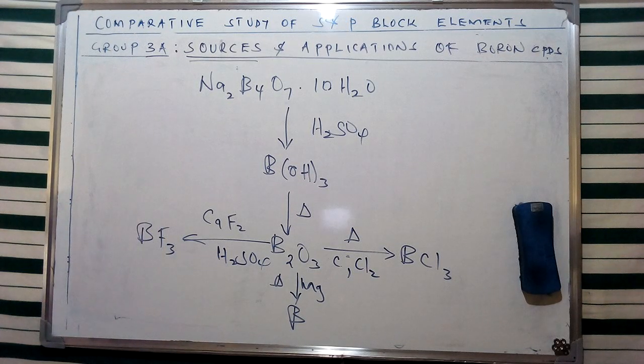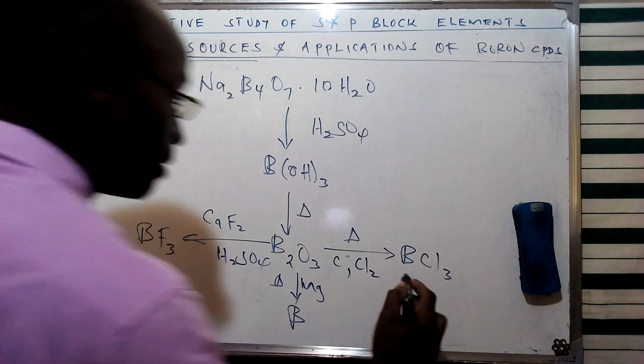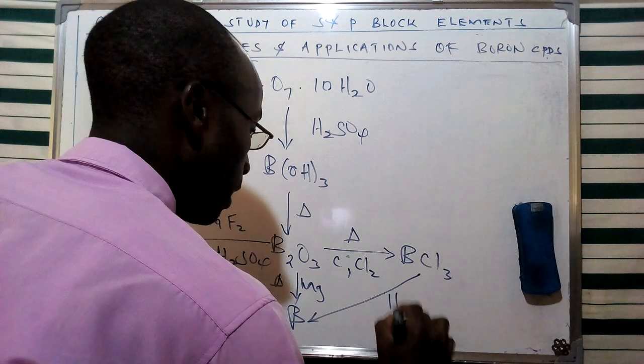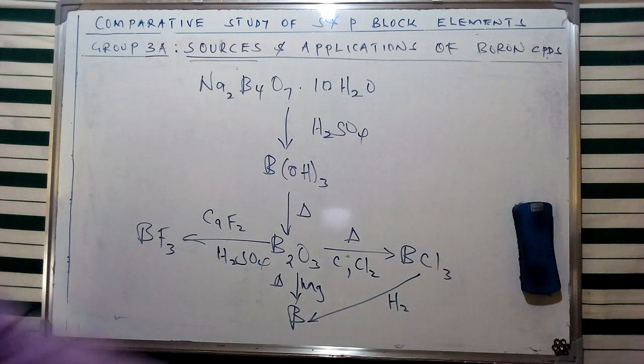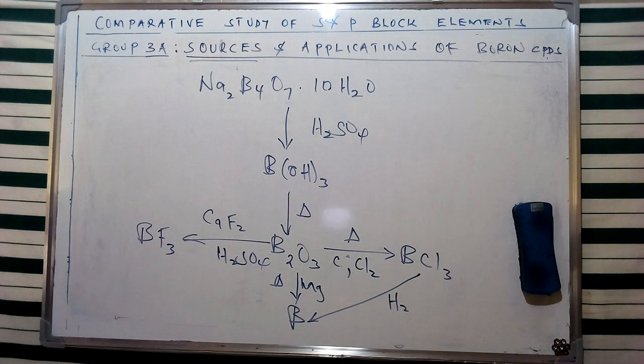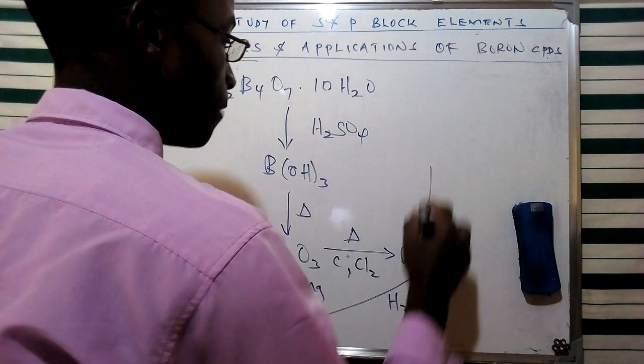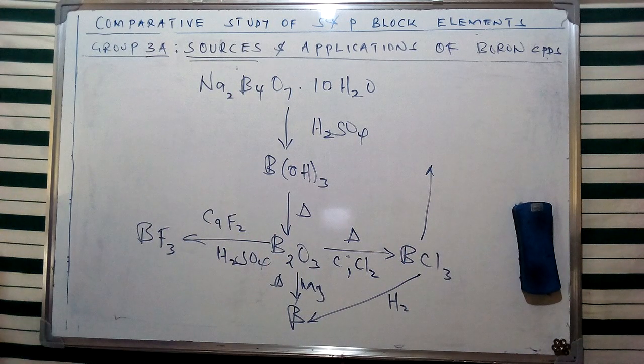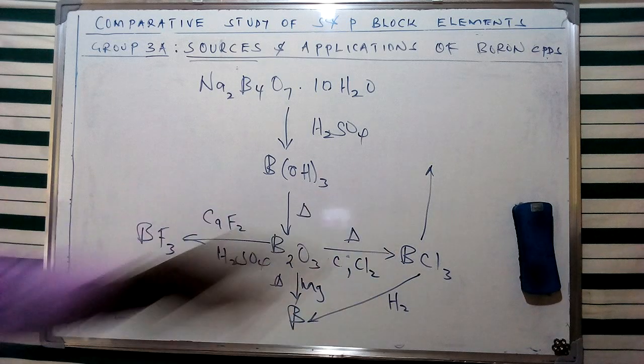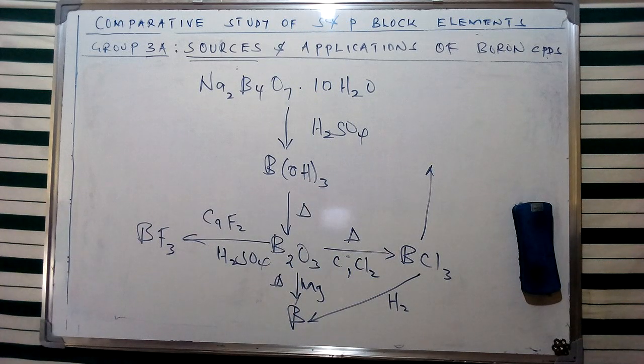So these are various schemes of reactions which we use in order to obtain this particular compound. If this one undergoes hydrogenation, it undergoes a reduction process in order to form that specific element. And this compound which I've mentioned is the simplest stable compound which has been isolated.